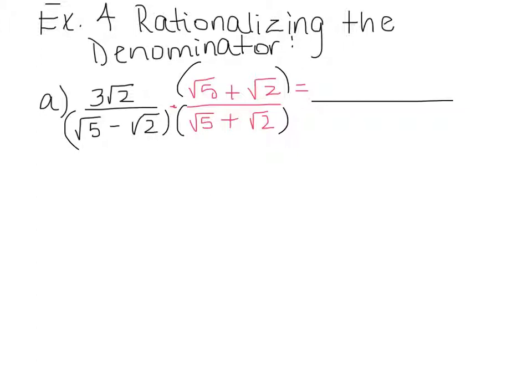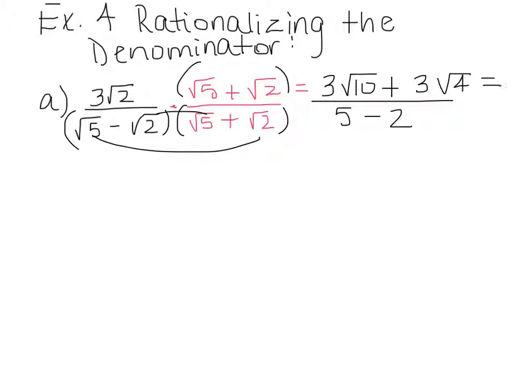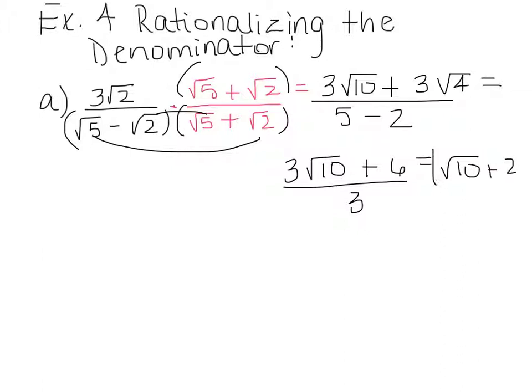On the bottom, I'm going to get 5 minus 2, because when you do the outer and the inner, they're going to cancel. And on the top, I'm going to get 3 square root of 10 plus 3 square root of 4. And square root of 4 is 2, so 2 times 3 is 6. All over 3. And dividing both of those terms by 3, this is your final answer.